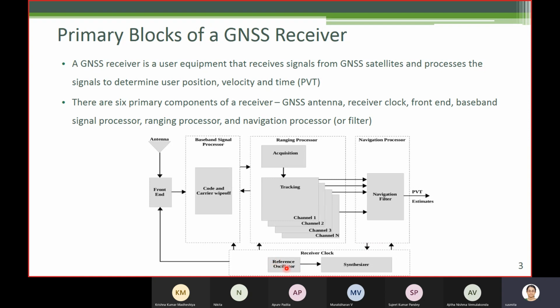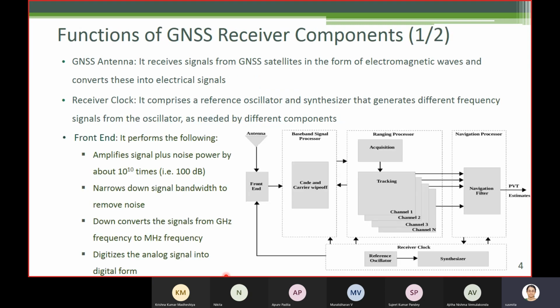So it's not possible to have different reference oscillators. To generate different frequency signals as required by different blocks, there is a synthesizer whose job is basically to derive different frequency signals from the reference oscillator. Okay.